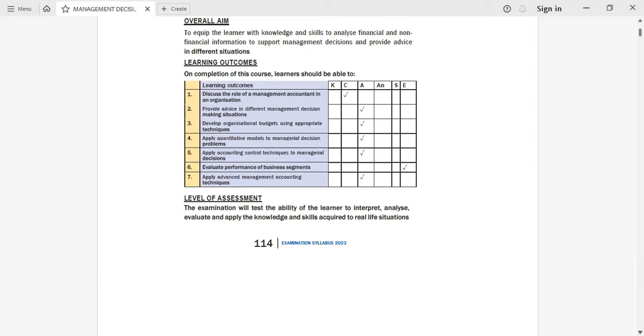Those companies are going to be commonly known to Uganda because this is CPA Uganda. The scenarios they bring out are going to be based on what is happening in the country. That's what we mean by real life situations.